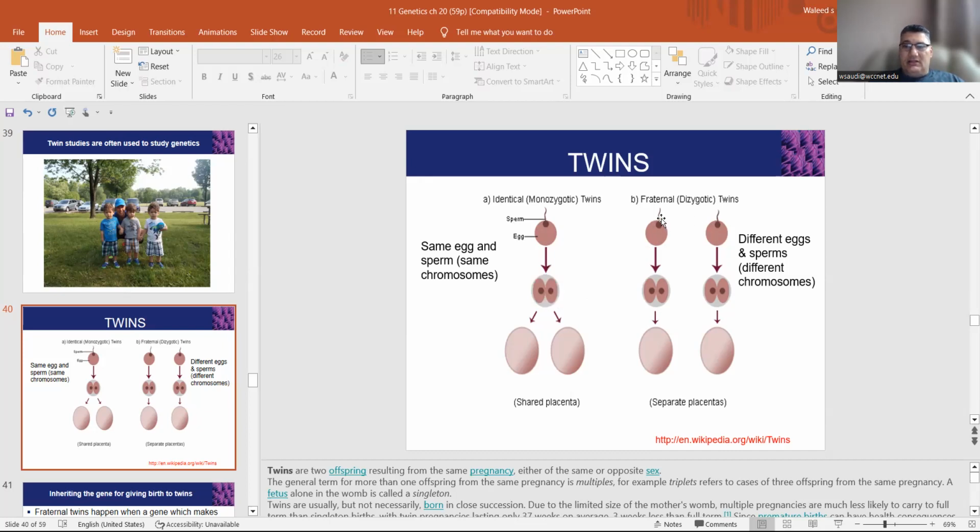So what happened here is there are millions of sperms. It just happened that two eggs are produced at the same time. Can happen.